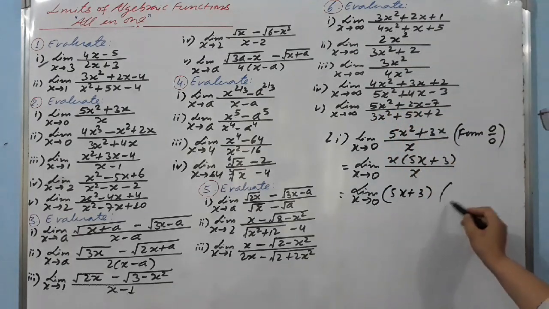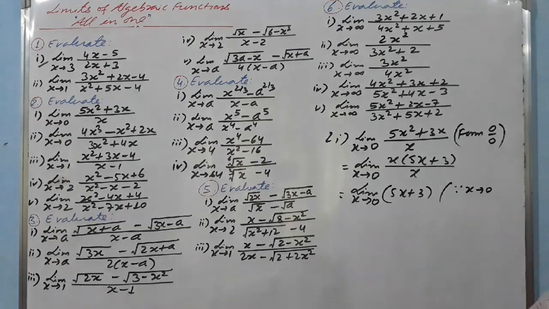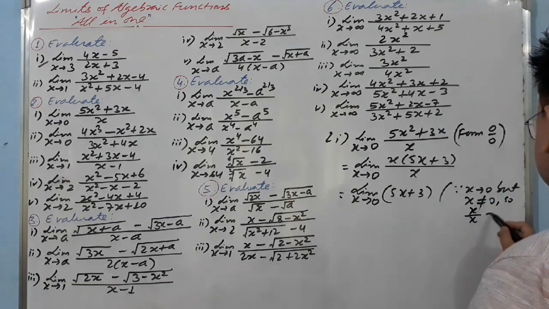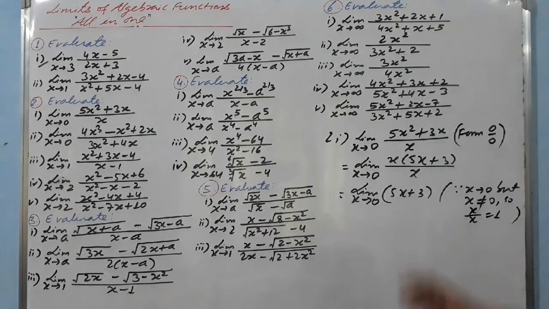As you know, since x tends to 0 but x is not equal to 0, x upon x is equal to 1. Otherwise you would think we cancelled 0 upon 0, but we have not. Since x tends to 0 but x is not equal to 0, x upon x is equal to 1. That's why you can cancel them.